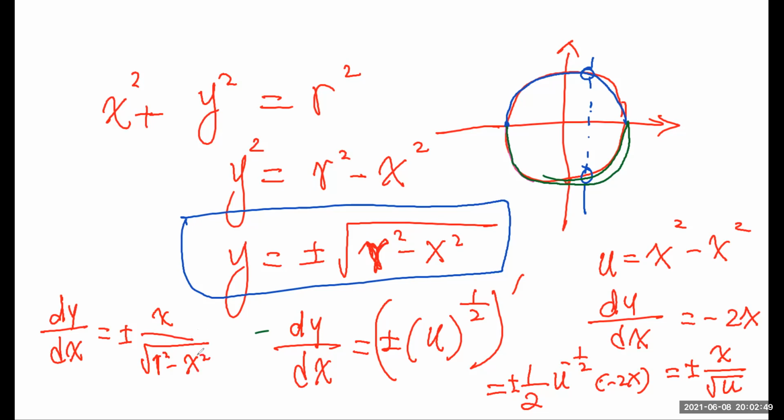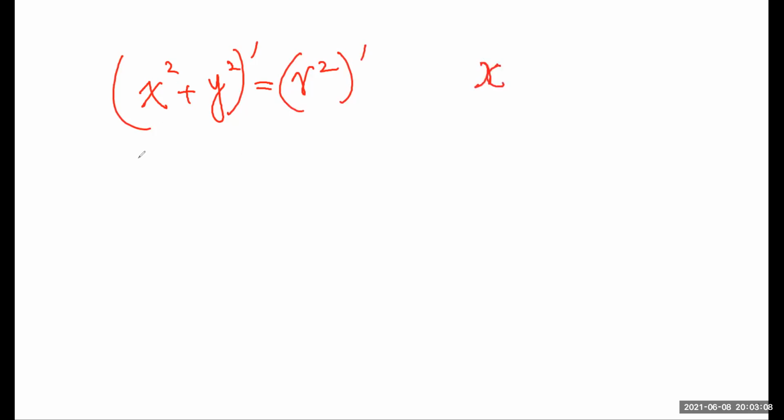Now we can still do this one, but if we use implicit differentiation, that becomes way easier. So let's try this. Now we take the derivative on both sides, and remember this is with respect to x. So first we know this is x squared prime plus y squared prime, and this is a constant, so 0. On this side we got 2x.